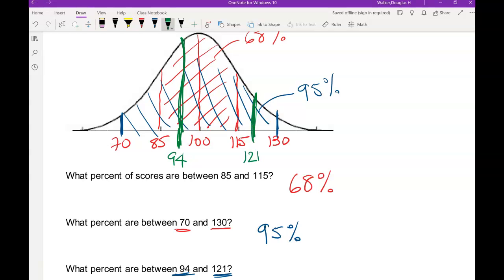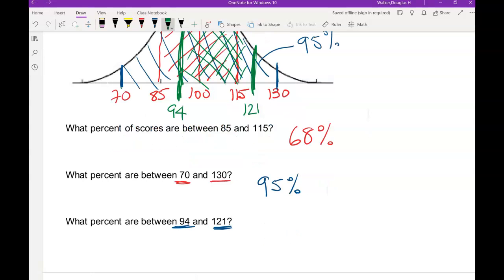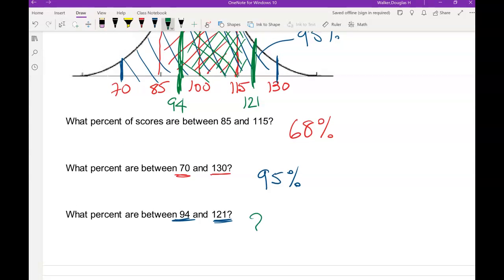So I want to know what's in between here. I know it's a lot of scribbling on this, but well, that doesn't fall on the 85 and the 115, the 130, the 70. So for now, that's a big question mark. And that's going to be our goal. How do I answer questions like this?